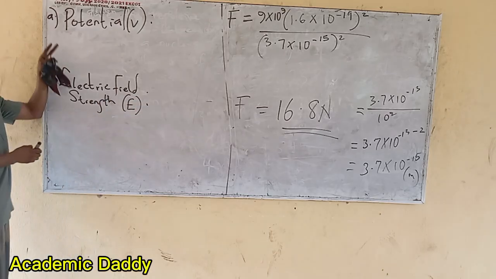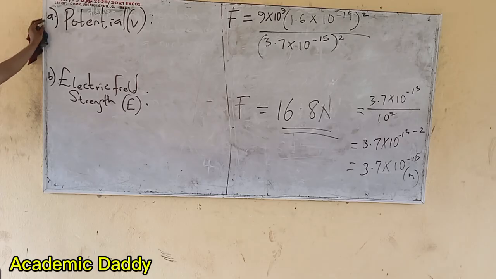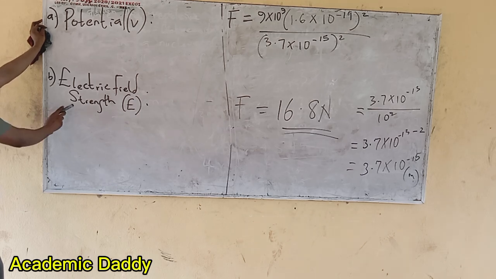So electric potential talks about work done in moving a unit positive charge. Electric field strength talks about force per unit charge, or force acting on a charge in an electric field. Electric field strength has to do with source charge, when you're talking about that force that relates to source charge.